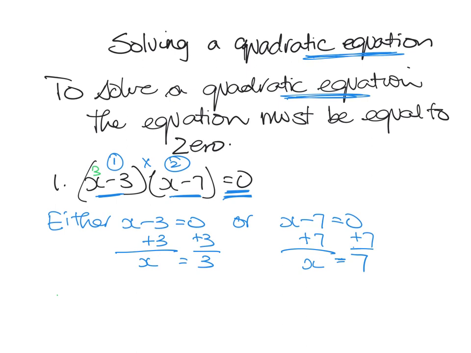And if I put x as 7, then this bracket will become 0, and anything I multiply by 0 will give me 0. So either of these two answers would be correct, and therefore I need to state both. This is exactly how I would lay it out when I'm asked such a question.